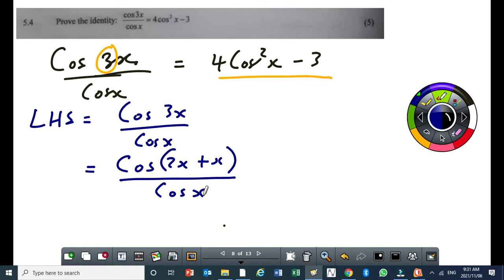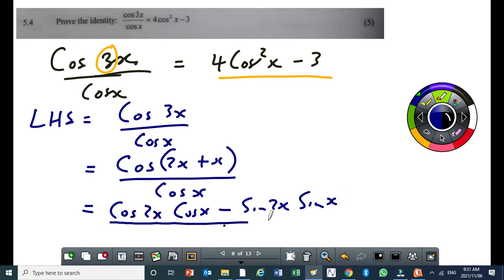The fact that we now have 2x plus x and there's cos involved means compound angle. So this becomes cos 2x times cos x. There is a plus here, so it becomes minus sine 2x times sine x, all over cos x. I hope you can see what I did there. I'm not guessing.